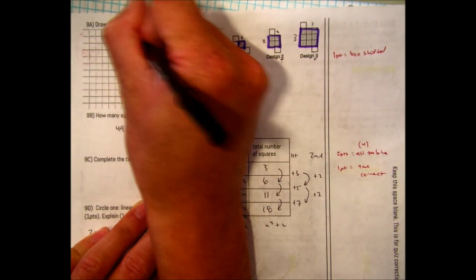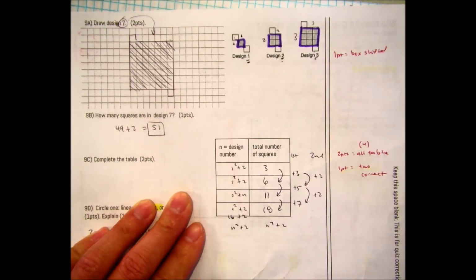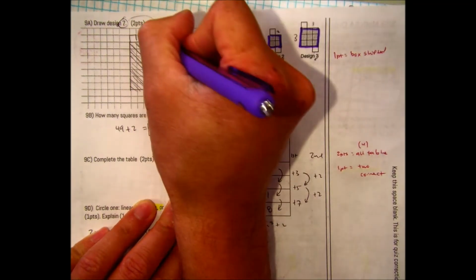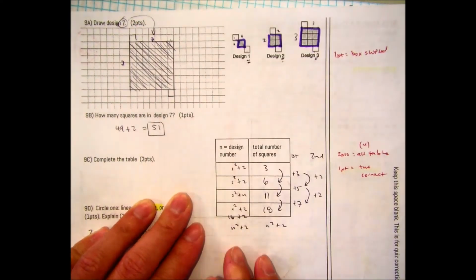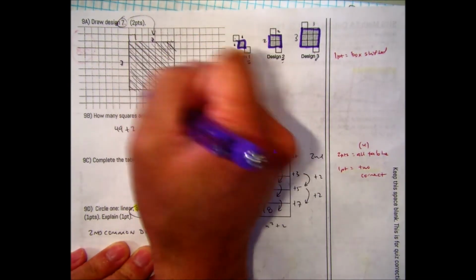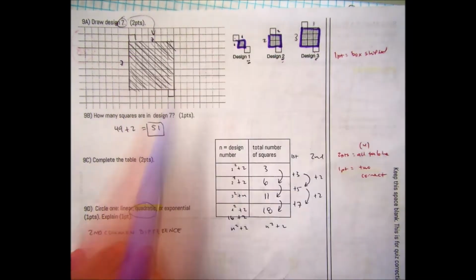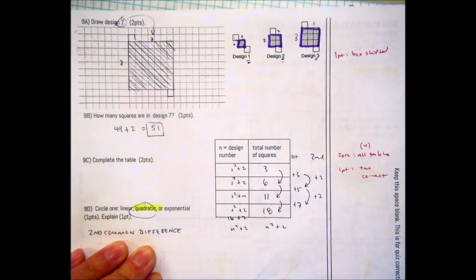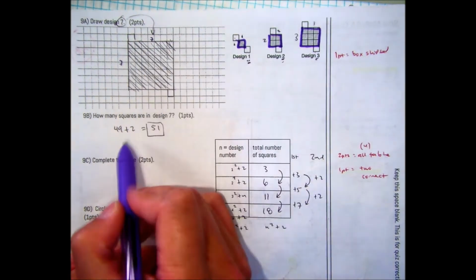So that means design 7 is going to have to be a 7 by 7 box, and it also has the 2 white boxes there. Okay, so the 7 by 7 box, that'll give you 49 plus the 2 white ones.